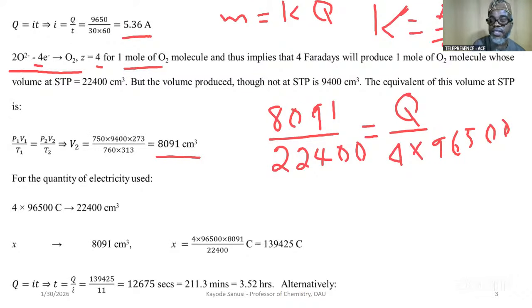Assuming these were given in masses, we would have used mass to relative atomic mass, but volume was provided, and so we have to relate the volume given to the molar volume of the gas. And that is why we have 8,091 over 22,400. So from here, we can obtain our Q. And if we do that, this is what we are going to get as our Q.